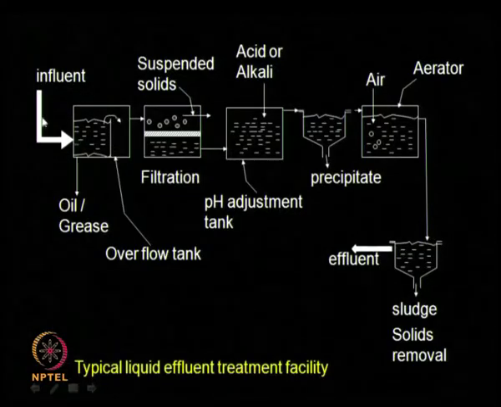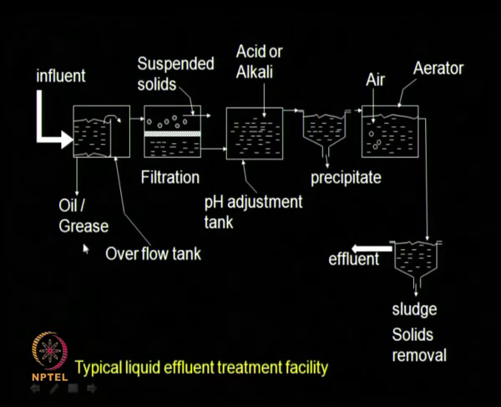A typical liquid effluent treatment plant is how it will look like; it may have more units or fewer units depending upon the characteristics of the effluent. For example, this is your influent that is coming out from the rest of the plant. First step may be removal of oils and grease.